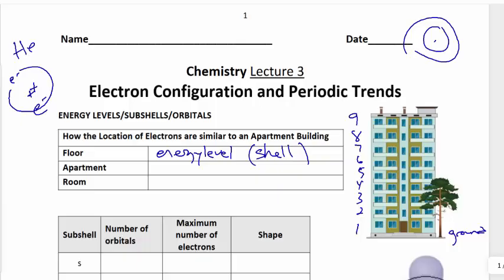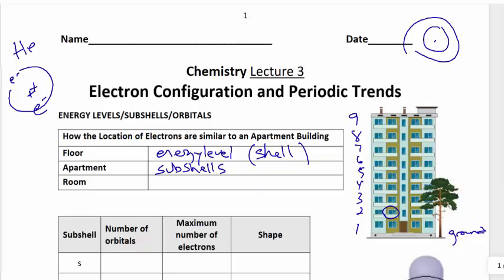And then if you live on the second floor, there's multiple apartments. So maybe you live in 2A. 2A would be one of the apartments on the second floor. So the floors are broken down into smaller compartments called apartments, and with the atom, they're called subshells. And just like you can have different size apartments, you can have different size subshells.